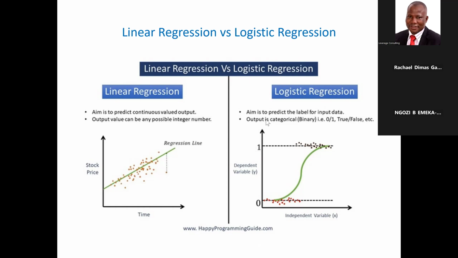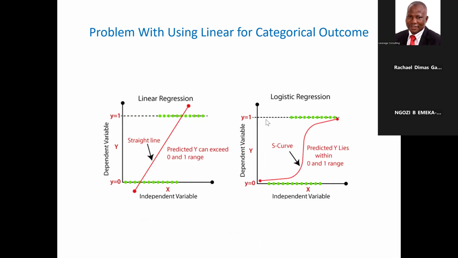There are two possible outcomes. They are not scattered like the other one. They are separate, grouped into two. It's either there or it's not there. So for the linear model, the relationship is linear, while this one is called a sigmoid S curve.